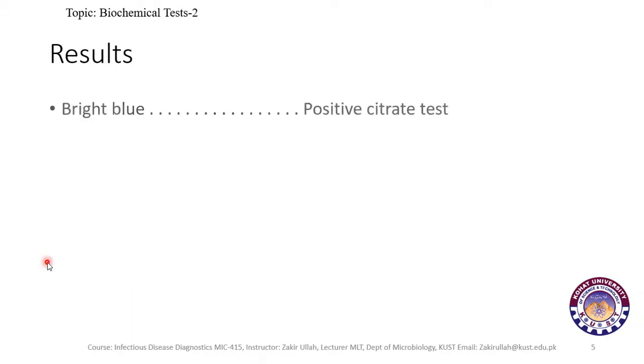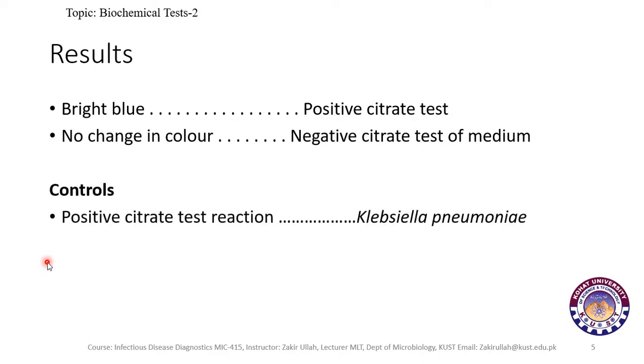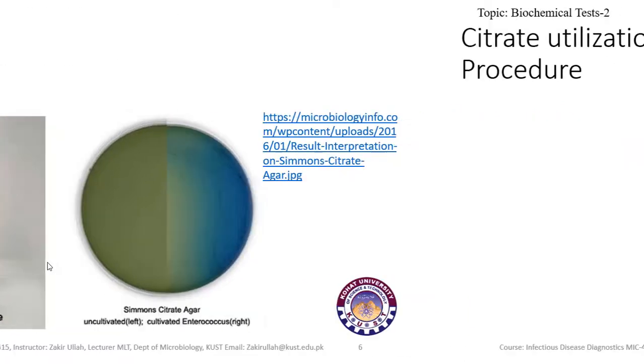On Simmons citrate agar, a bright blue color from green to blue shows a positive citrate, and when there is no change in color, the test is negative. So this is an example of a citrate negative test, required for certain enterobacteria.